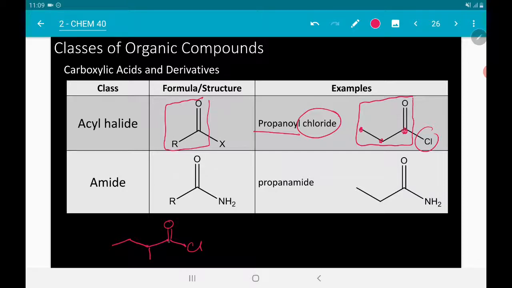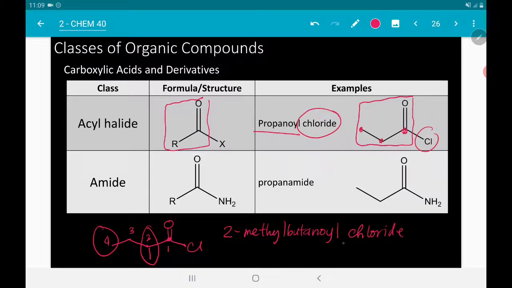So, lagi tayong magsa-start dun sa carboxyl carbon or sa acyl carbon. 1, 2, 3, 4. So, this is 2 methyl, butanoyl, kasi 4, chloride. So, don't forget the space, okay, between the butanoyl and the chloride. So, that's how you name acyl halides.